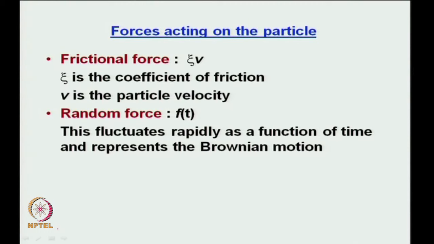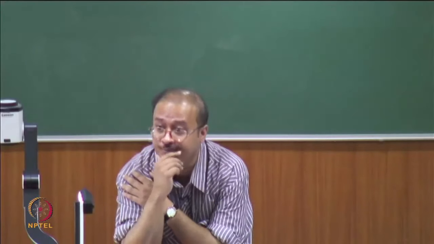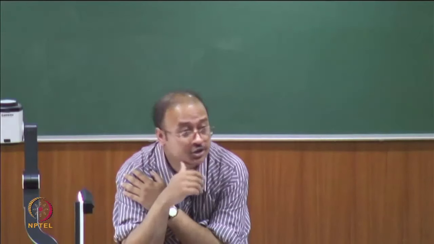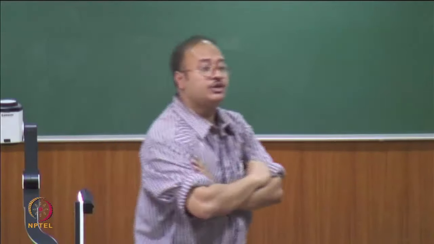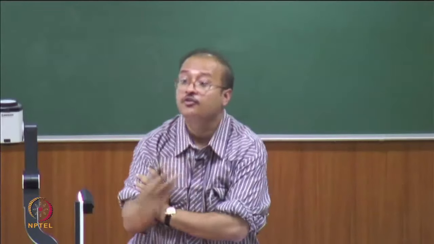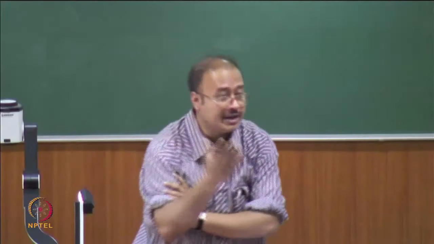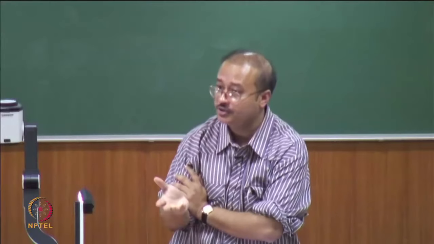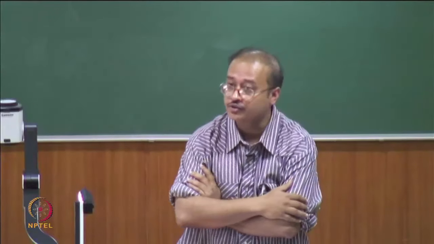So this fluctuates rapidly as a function of time, and this is the force which represents Brownian motion. So Langevin was trying to model a molecule experiencing Brownian motion taking into account friction too, because if that molecule is inside a solvent, it would also experience friction along with the fluctuating random force.